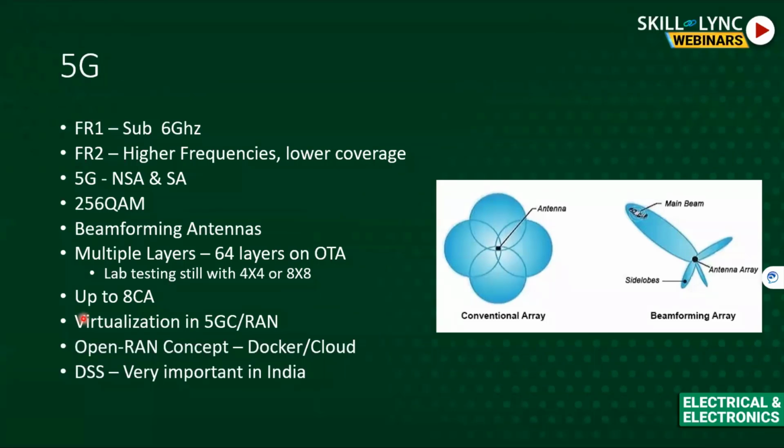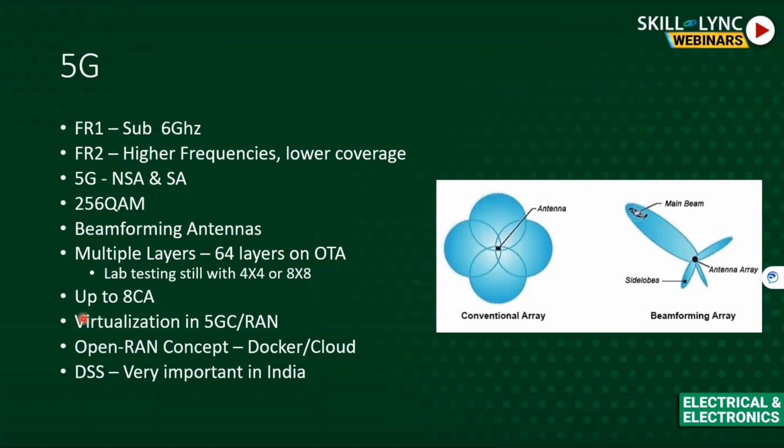So the difference between carrier aggregation in 4G and 5G will be when we aggregate 2 carriers in LTE. So if you remember LTE, the maximum bandwidth in the cell was 20 megahertz. Okay. So when you combine 20 megahertz together, probably you can get 300 Mbps and 300 Mbps, 600 Mbps would be the max throughput that you can get.